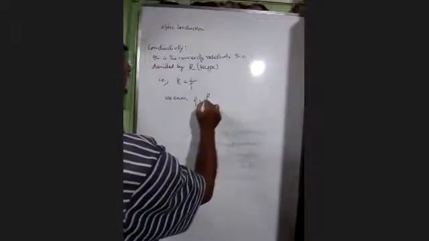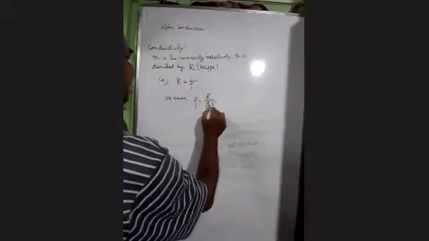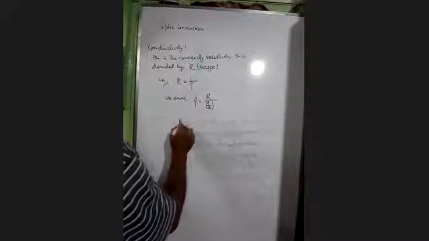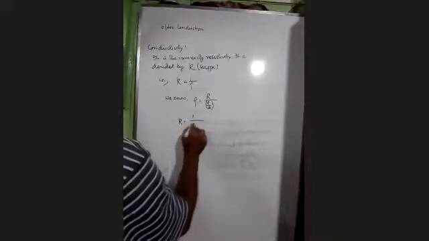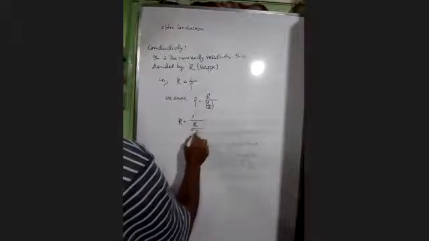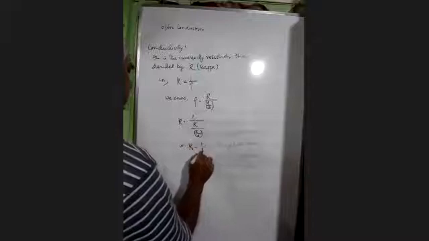But we know rho is equal to R A by L, so I can write therefore kappa is equal to 1 upon R into L by A. Okay, so what is this? This is not conductance.